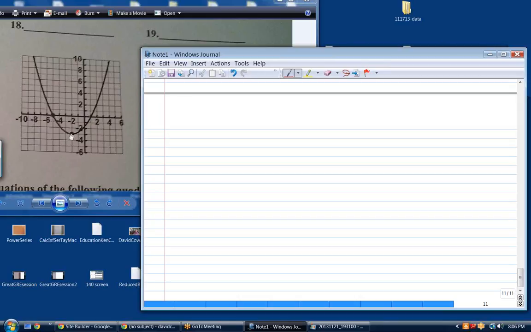But the points they've given us are the vertex, in other words, this dot here, and one point. So let's use the vertex form. Y equals a times (x minus h) squared plus k. Yeah, k. Okay. What's h and k?